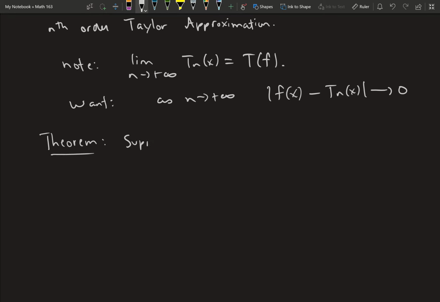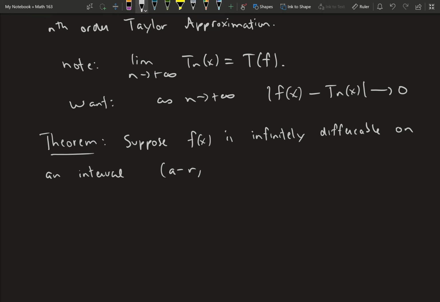So suppose f of x is infinitely differentiable on an interval a minus r, a plus r.